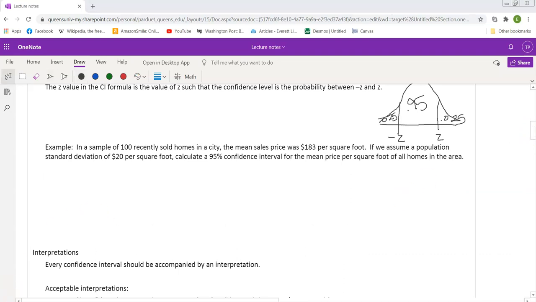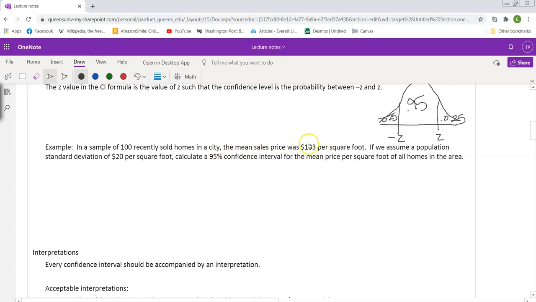So let's do an example. In a sample of 100 recently sold homes in the city, the mean sale price was $183 per square foot. And we're assuming a population standard deviation, sigma, of $20 per square foot. And we want a 95% confidence interval for the mean.